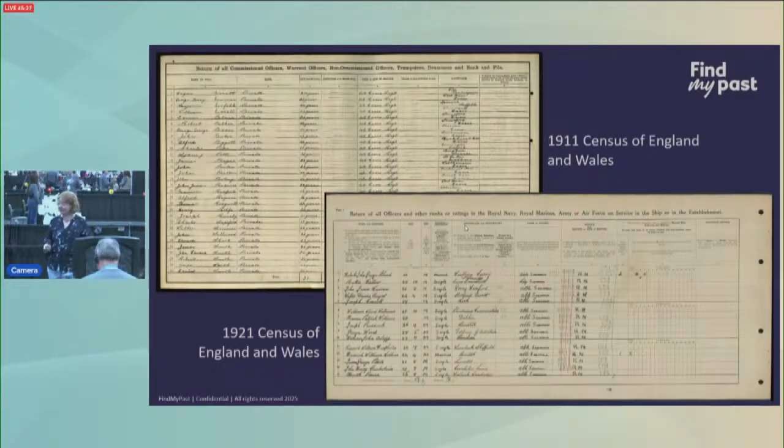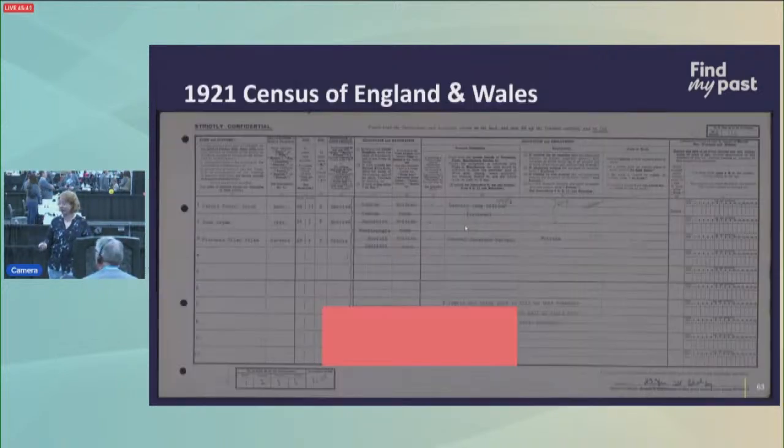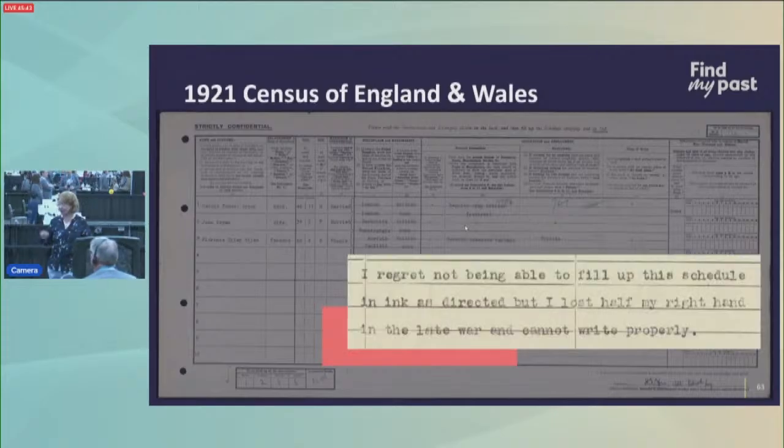So from the census perspective, the military, of course, is documented and enumerated in the census collection. So 1911 at the top, 1921 at the bottom. But the 1921 census is actually quite striking, right? As people are recovering from the war, you'll often get entries like this one. This is Harold Samuel Crippen.